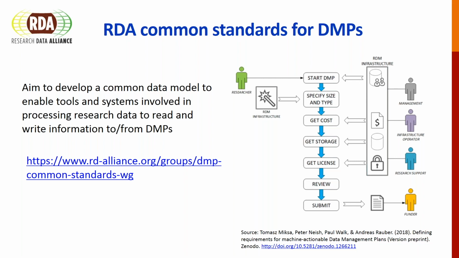When you're developing your plan, you're specifying the size and the type of the data, and we can use that information to share with different infrastructure providers to generate costings and to allocate storage, and later down the line, when you're depositing data, to start to apply licenses to your data as well, and to draw that information in automatically. That's the direction we're moving in with the tool. Once the data model emerges from this group, that's something we'll implement in the Roadmap platform.